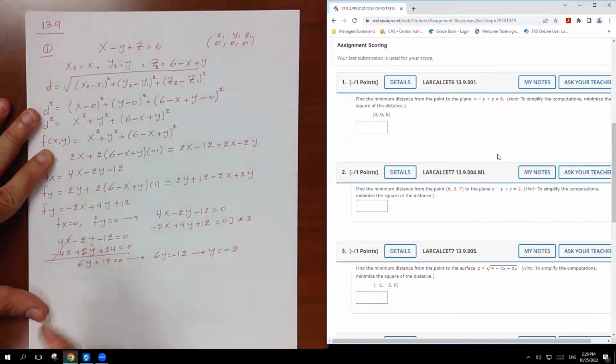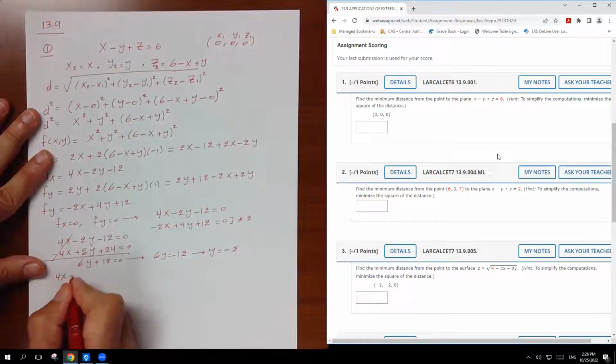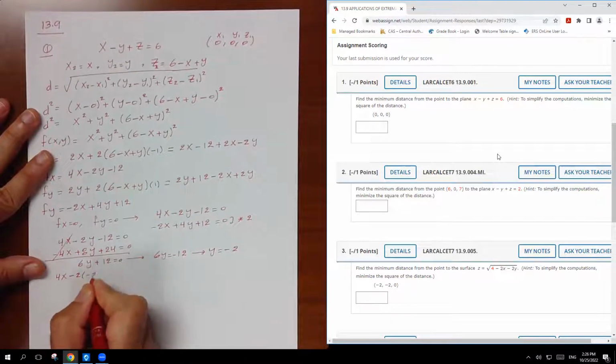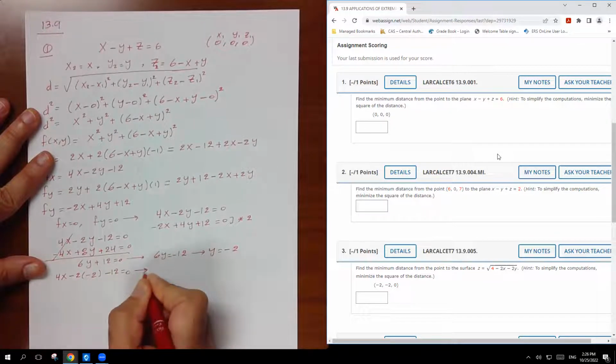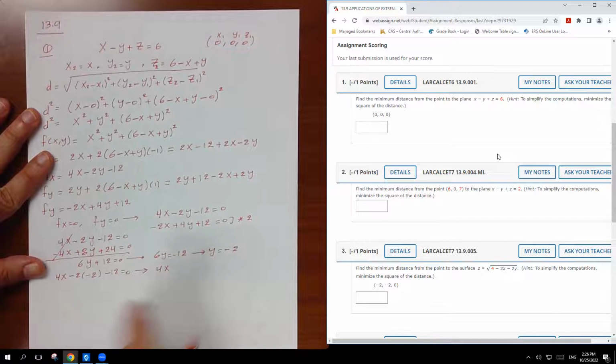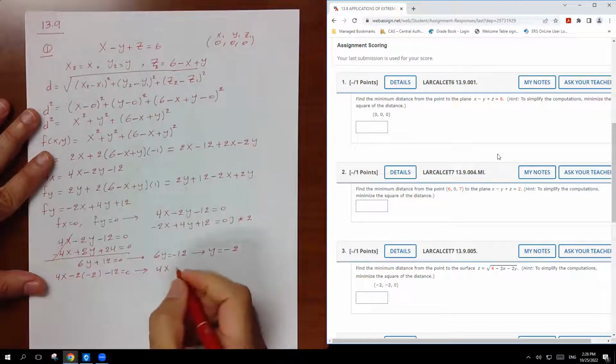Now plug in negative 2 in the first equation. So 4x minus 2 times negative 2 minus 12 equals 0. That means 4x, 4 minus 12, is going to be negative 8.